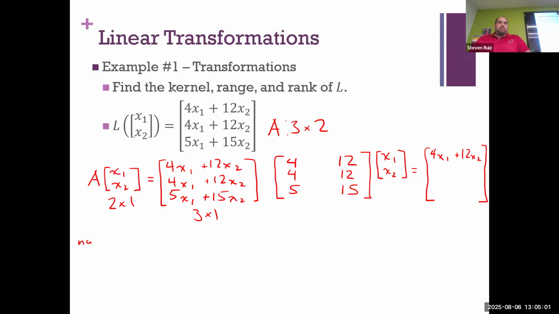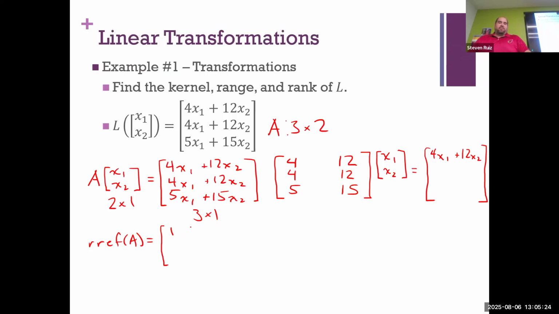Reduce. Right, you can reduce it. That does a lot of valuable things for us. So if we do reduced row echelon form of A, what do we come up with?